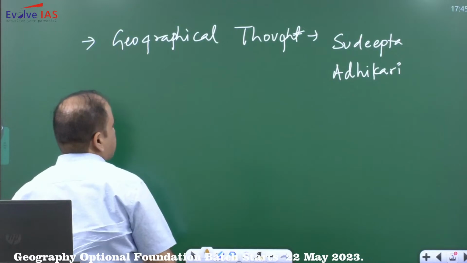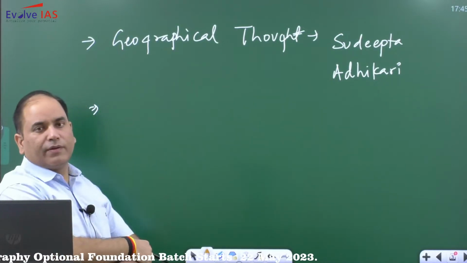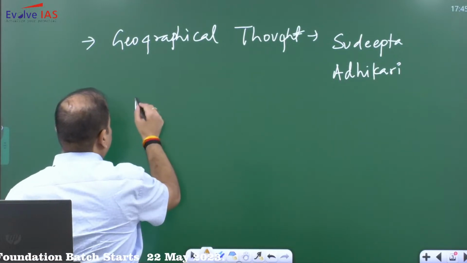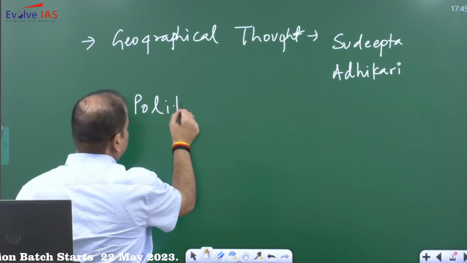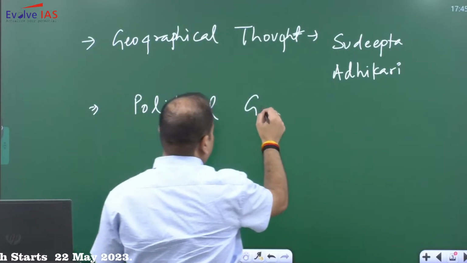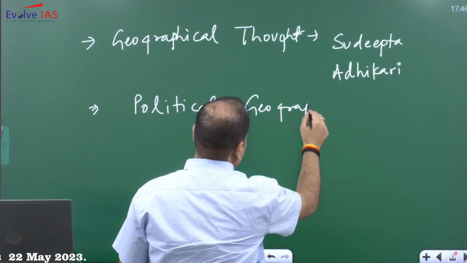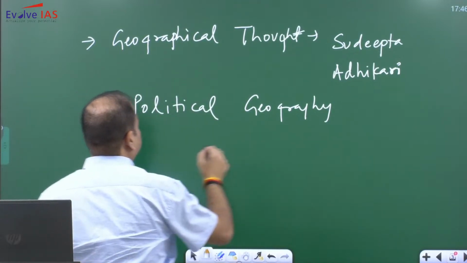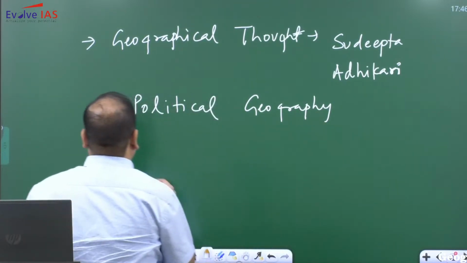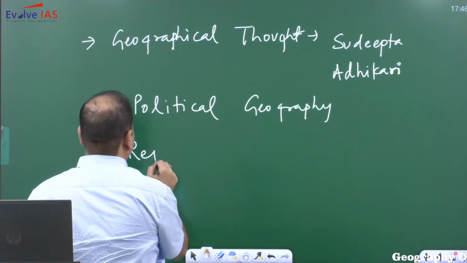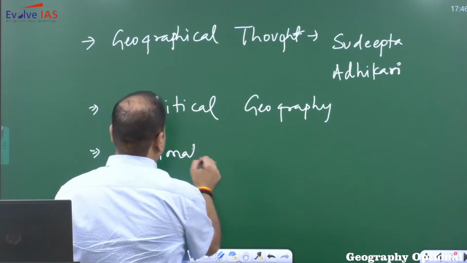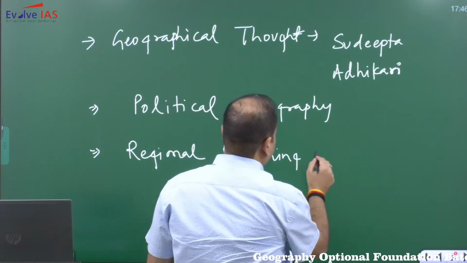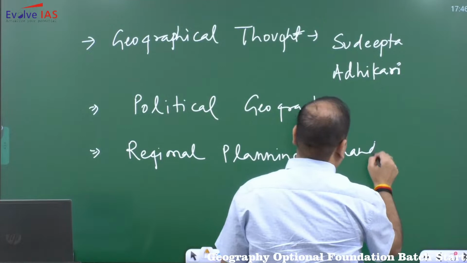Then Political Geography, also by Sudipta Adhikari. Then we have Regional Planning. So you will have Chand and Puri.